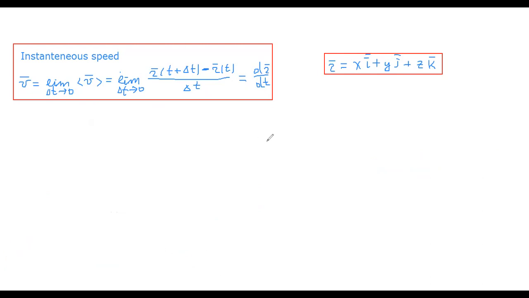Acceleration is the speed of speed changing, and it is the first derivative of speed.